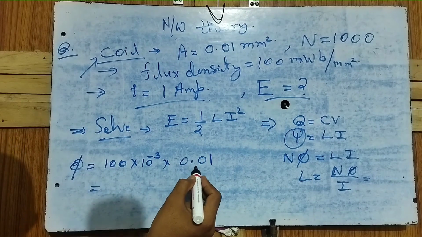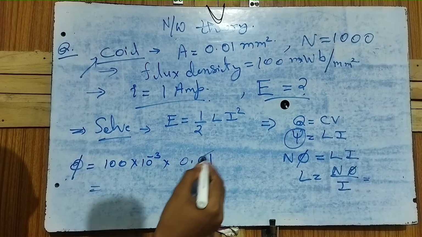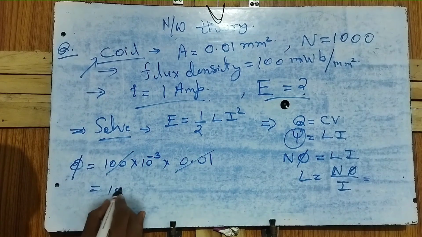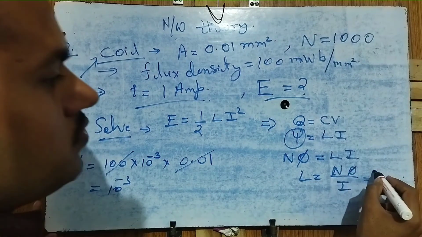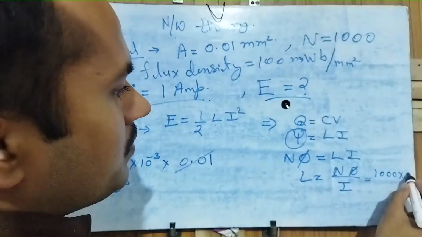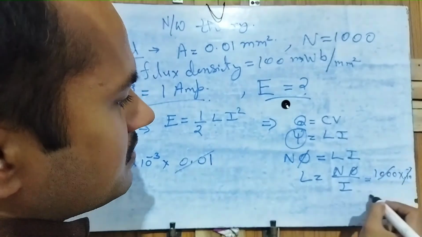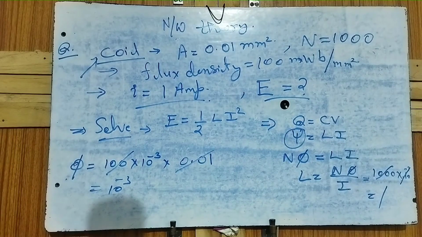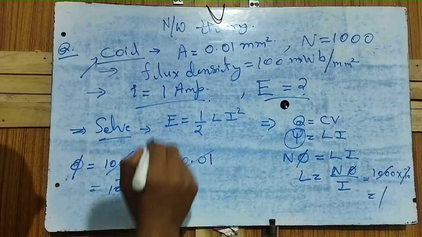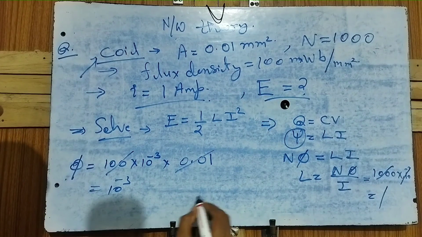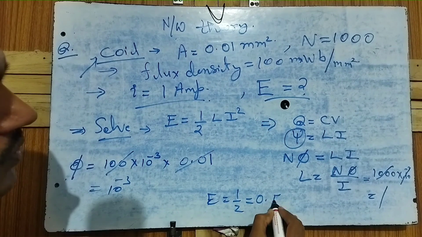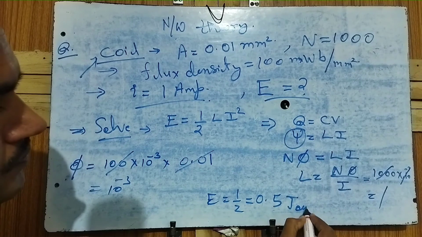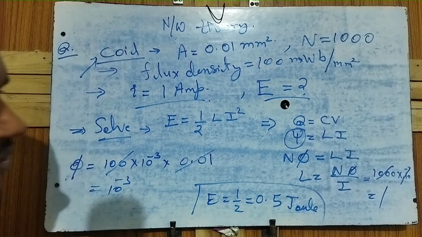It is 1 by 100 cancel, 10 power minus 3, right? So put here 1000 into 10 power minus 3, so it is cancelled. It is equal to 1. L is 1. So L is 1, I is 1, 1 by 2. So finally E is equal to 1 by 2, that is 0.5 joule. So the answer is 0.5 joule.